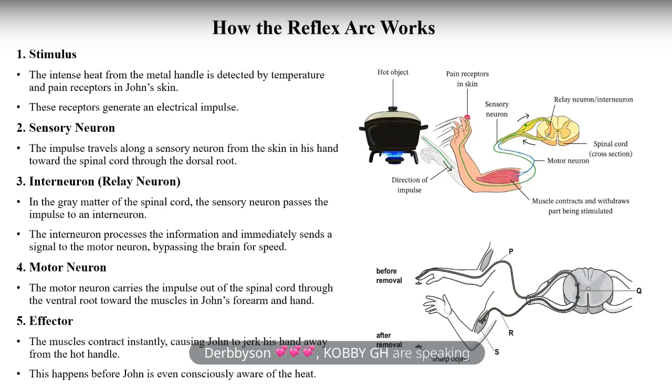When someone touches a hot object, the sensory receptors in the skin will pick the information, and the impulse will be transmitted along the sensory neuron to the relay neuron or interneuron, where the processing of the information takes place. Then immediately a response is sent back to the effector, or the part of the body, via the motor neuron for an action to be taken at the effector. And this is how you describe a reflex action.